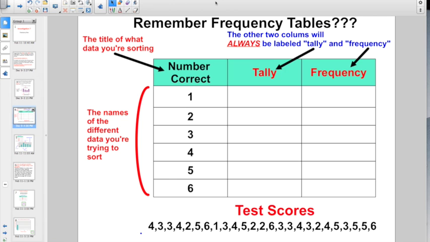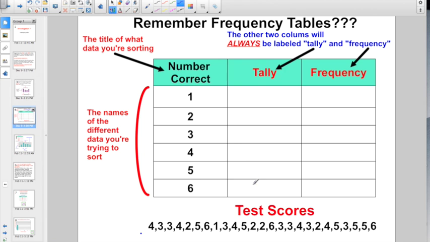All right, another little bit of review here, since I still see some people struggling with this on their lessons. Does everybody remember frequency tables? Frequency tables always come in 3 columns. The first column is going to have the title of whatever data you're sorting.